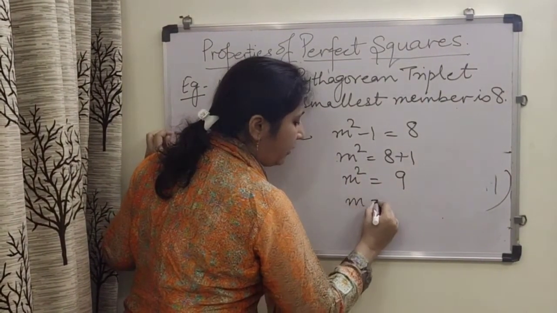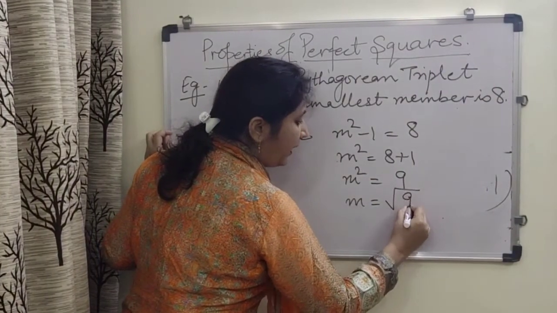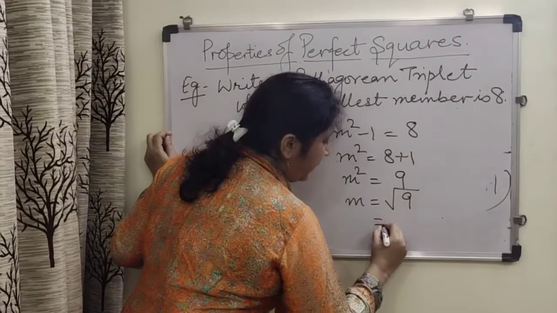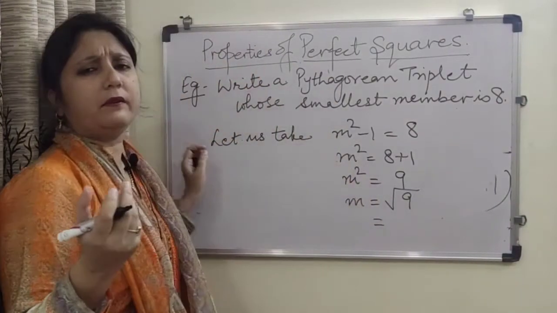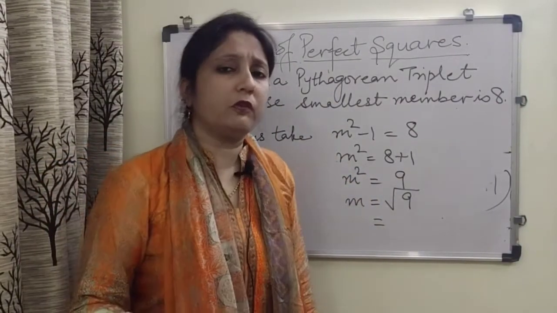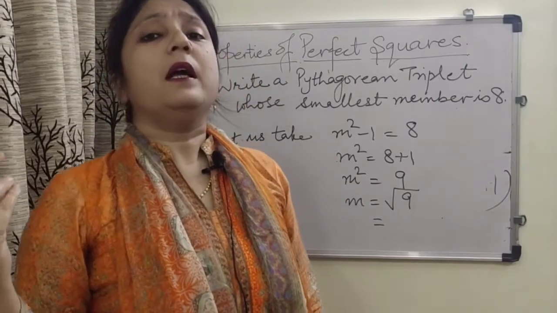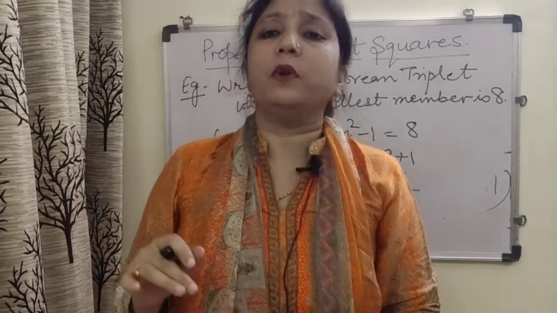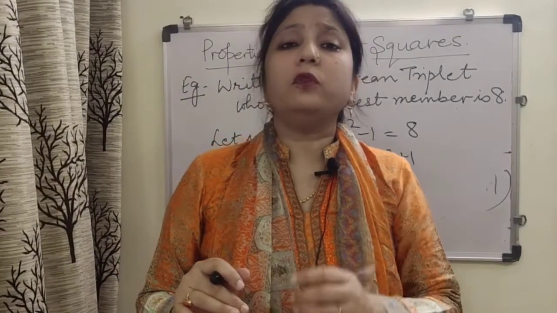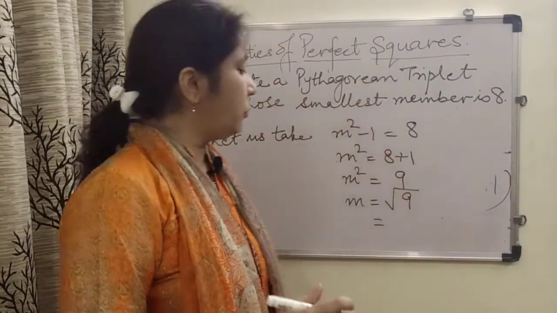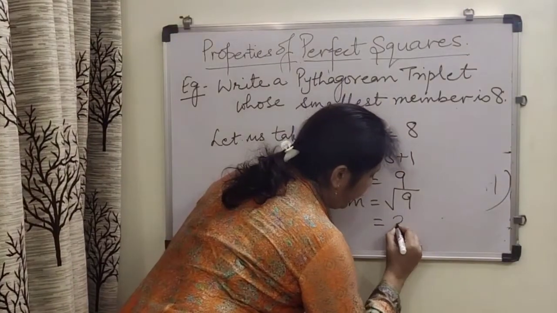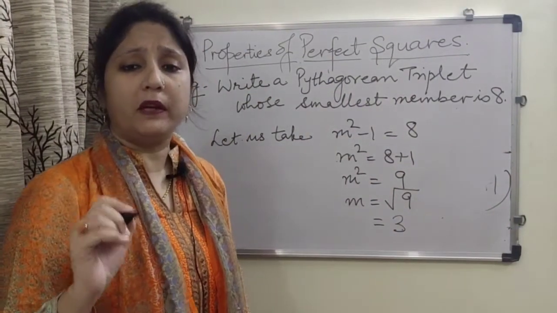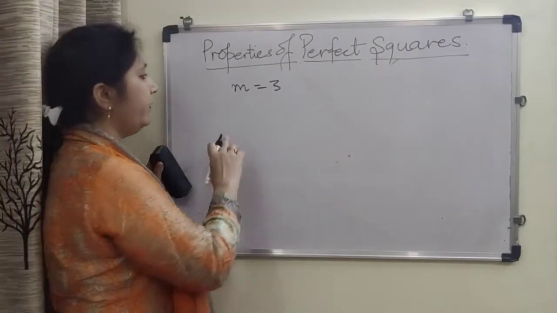And so the value of m is square root of 9. Square root is a new term for you because you have not studied it. So you think of a number which when multiplied to itself gives you 9. So 3 3s are 9. So square root of 9 is 3. So value of m is 3.